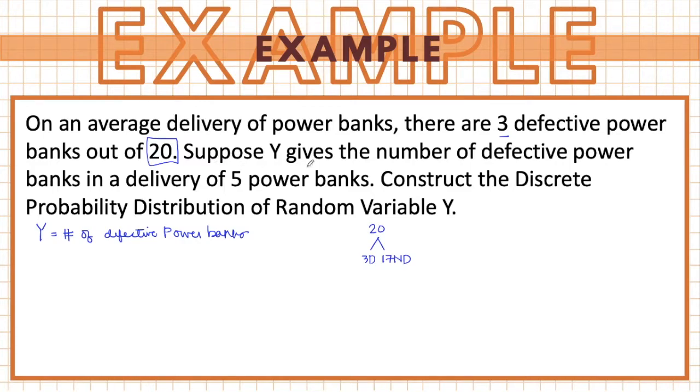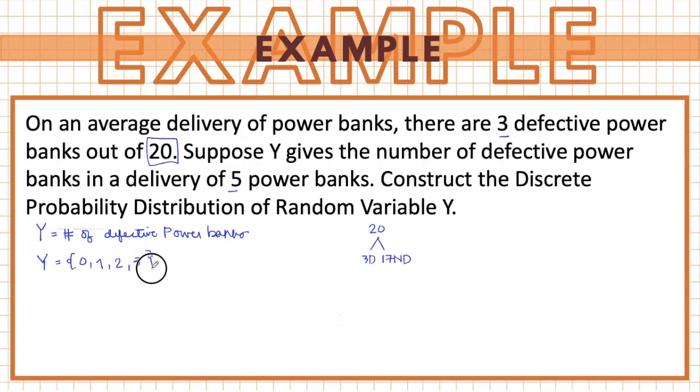So, ang experiment is there will be a delivery of 5 power banks. So, meaning we have to get 5 power banks here, dito sa 20 power banks. And yung random variable natin ay kung ilan yung makukuhang defective power banks kapag kumuha tayo ng 5. Okay? So, since there are 3 defective power banks, the values of the random variable y will be 0, 1, 2, and 3.